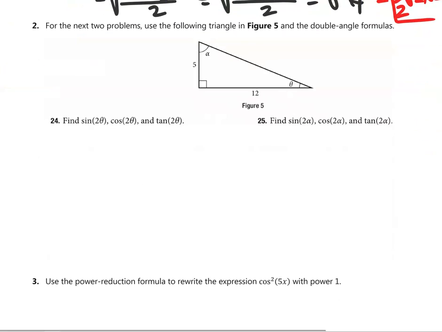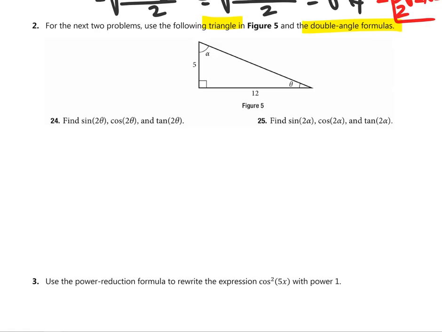All right, number 2. For the next 2 problems, use the following triangle in figure 5 and the double angle formulas. So your alpha here, your theta, 5, and this is 12. So we can solve for the hypotenuse.